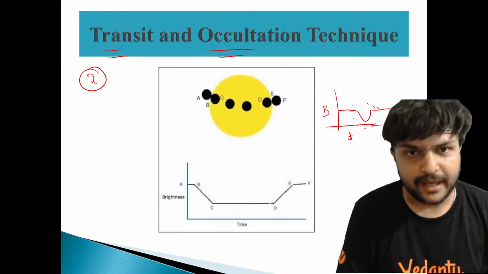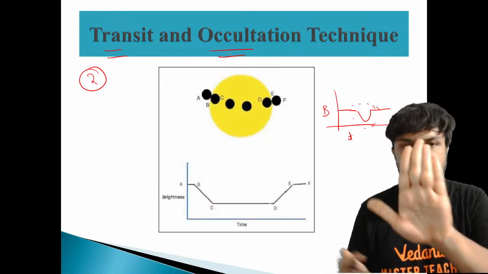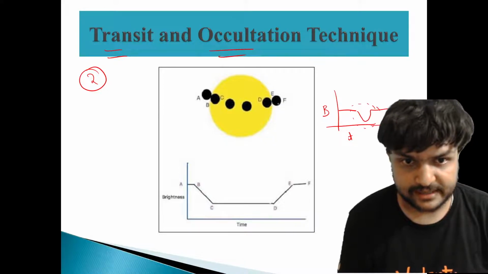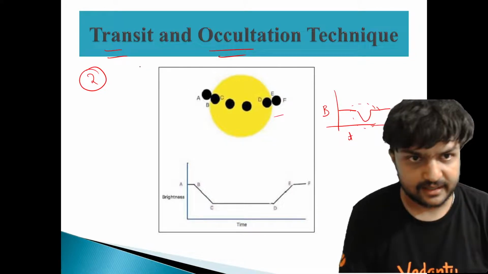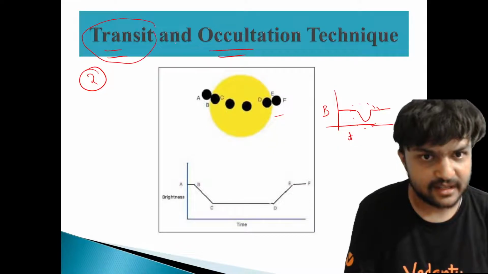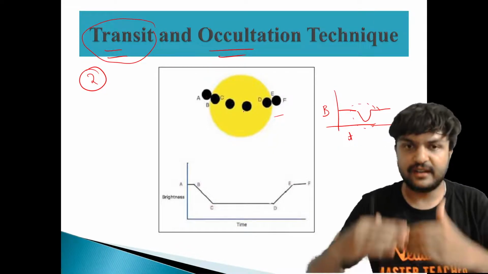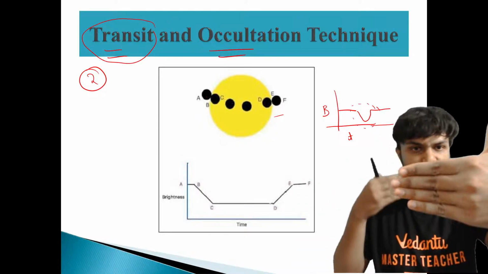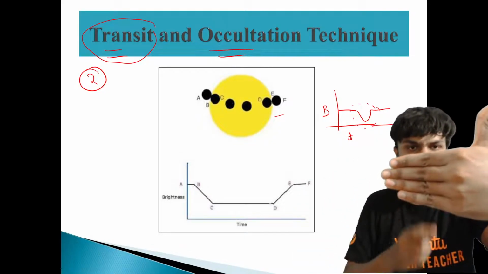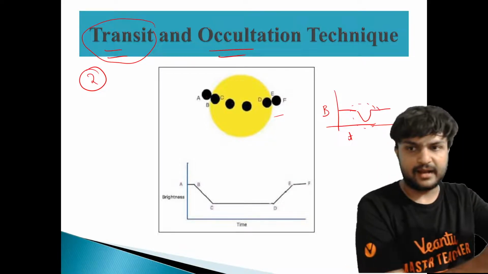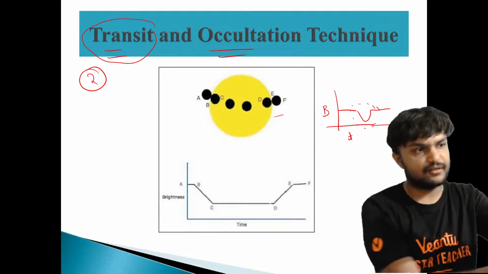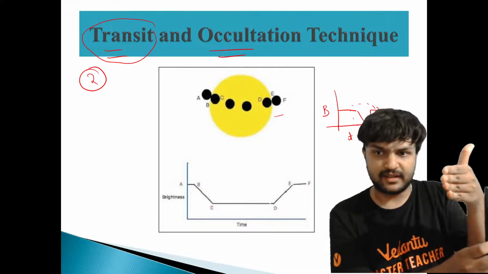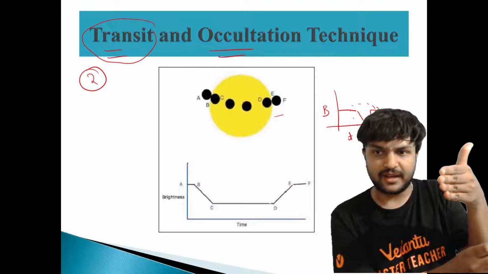What do you mean by occultation? Occultation is when the star is in front and the planet is at the back. What I showed before is the transit technique. For example, let my eyes be the observer, my hand the star, and my pen the planet. Let me come back into the screen.